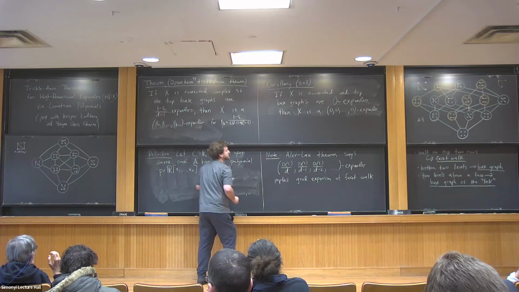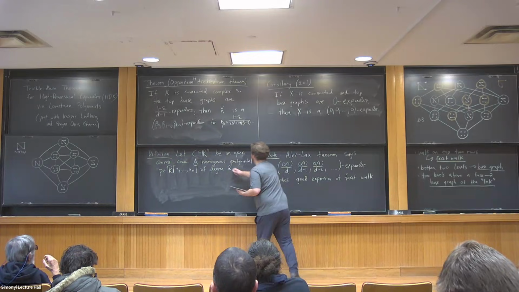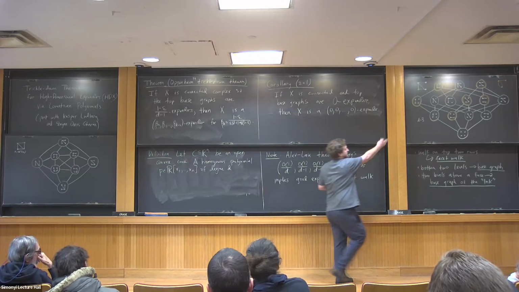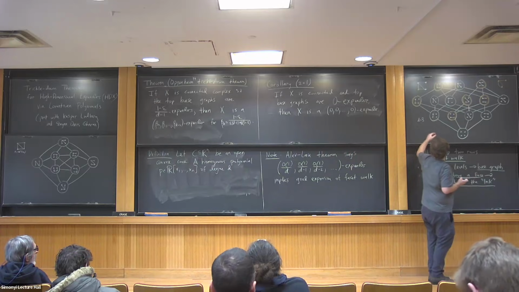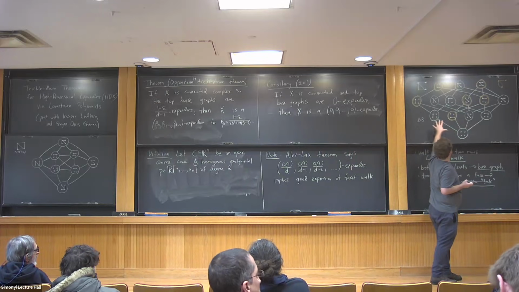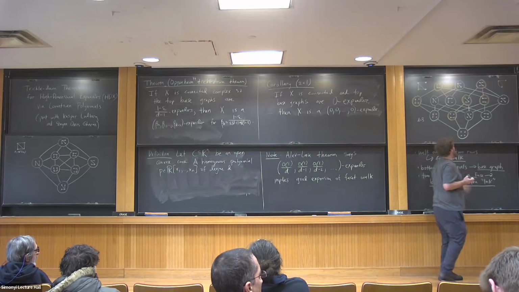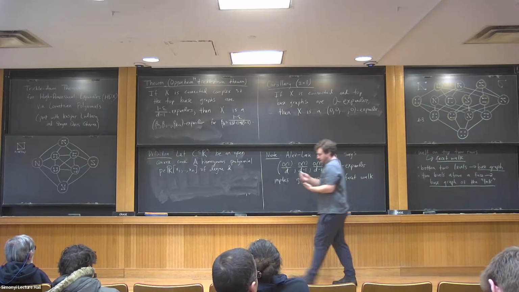So you want to think of d as the same d as the height, and n is going to be now the size of the ground set E. So here, since there are 4 edges, that would be 4.